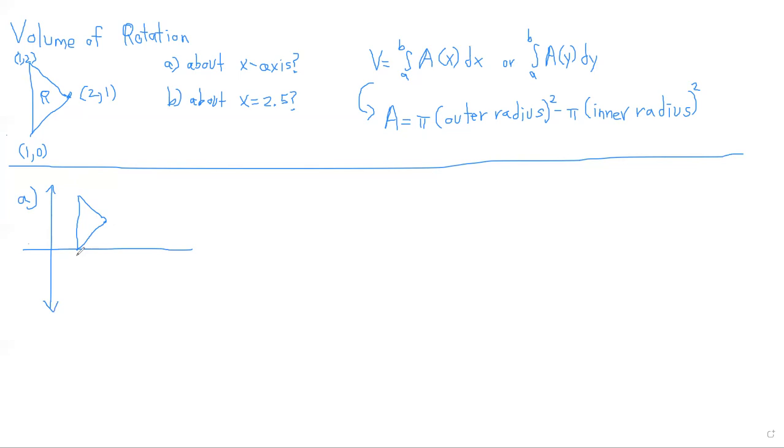So I'm going to give you a visual representation of it. This is what happens during the rotation. It's like spinning around like this. It's just like it's spinning around in a revolution. We want to find the volume of that revolution, basically.